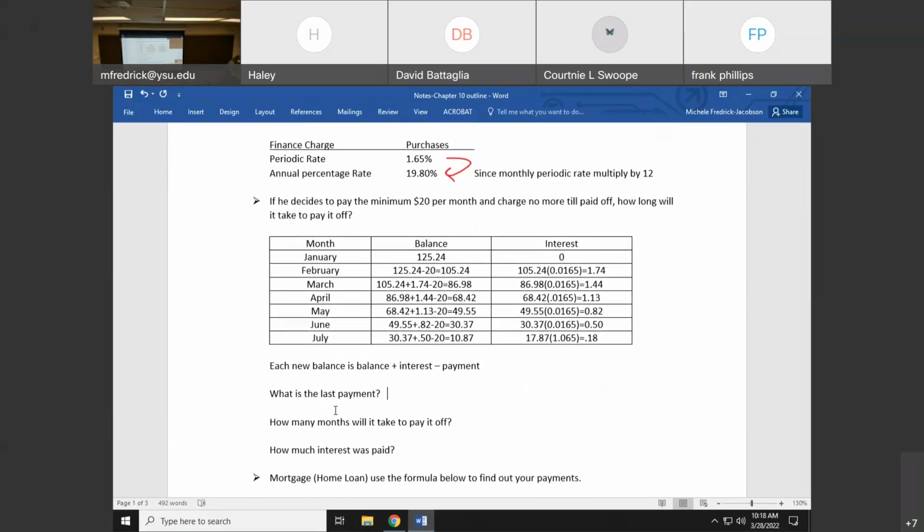Because we would take the 10.87 plus the interest for that month, which is 18 cents, and we'll get 11.05. Any questions on that?